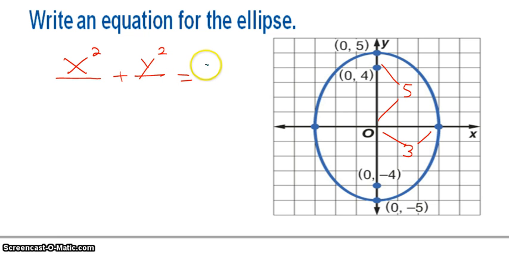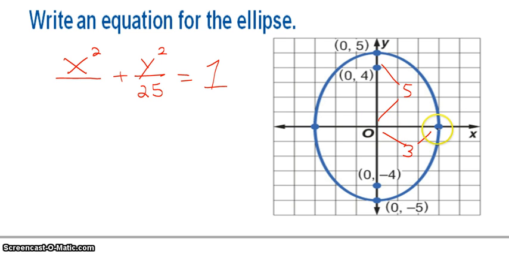You can always set up exactly the structure that you know is going to be true. We know it's going to be x squared over something plus y squared over something equals 1. These always have to be equal to 1 in standard form. Otherwise, you have to divide by whatever number is there to make it equal to 1. I take my distance from my center to my vertex, which is 5, and square it because it's a squared, so I've got 25.